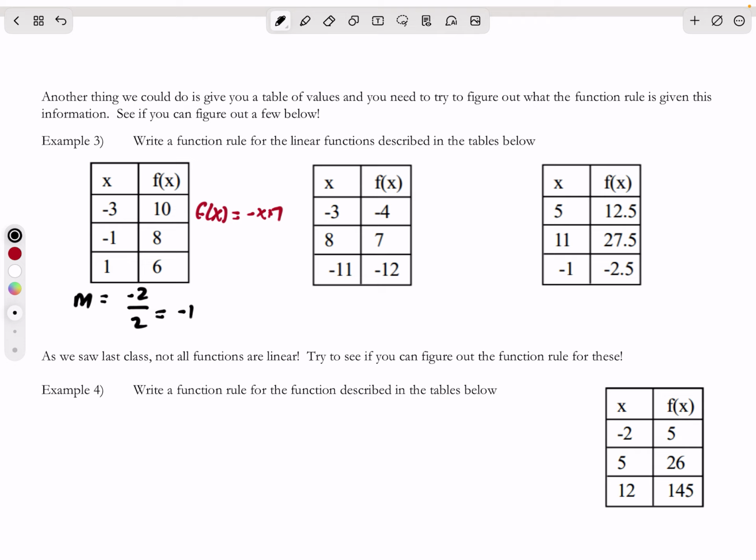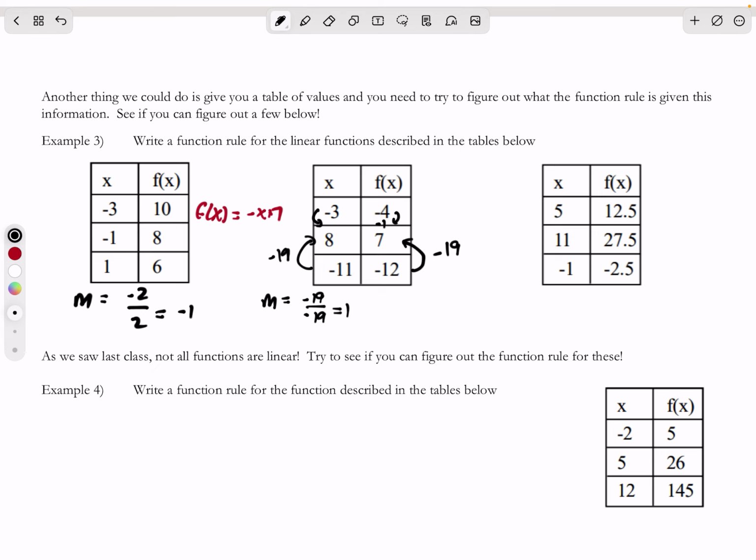In the second one here, let's do our slope again. This change in y is negative 12 minus 7, negative 19. Oh, look at that. Negative 11 minus 8 is negative 19. The slope is 1. If I went forward 3 units from negative 3, shouldn't I go forward 3 units here to negative 1?